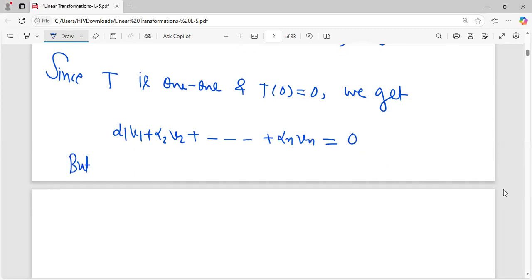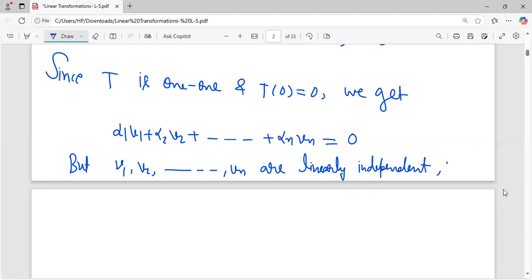But v1, v2, up to vn are linearly independent. We get alpha 1, alpha 2, up to alpha n equal to 0.